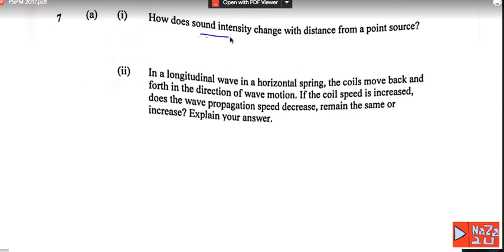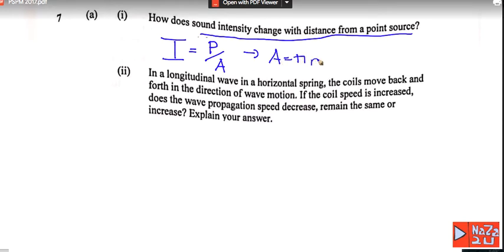Intensity, sound intensity changes with distance from the point of source. So if we look at the equation to describe the intensity of the sound, intensity I is given by the equation power divided by area A. Here the area A refers to pi r squared.